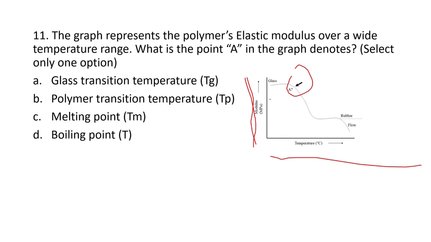So the ratio between stress and strain is the elastic modulus. Elastic modulus will obviously decrease with increase in temperature. So what does this particular point A denote? Options are glass transition temperature, polymer transition temperature, melting point, boiling point.